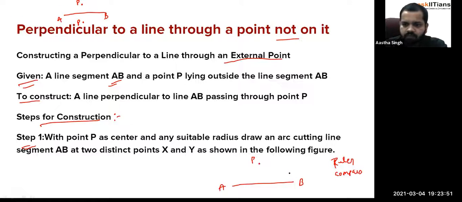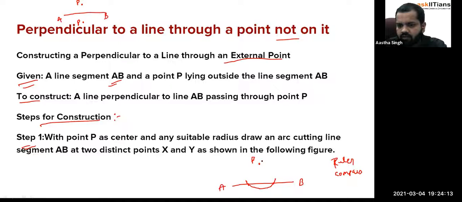All these you have, right? So just take a point, put the compass at P with the pencil, and draw an arc of any radius so that it cuts the line AB at two points.